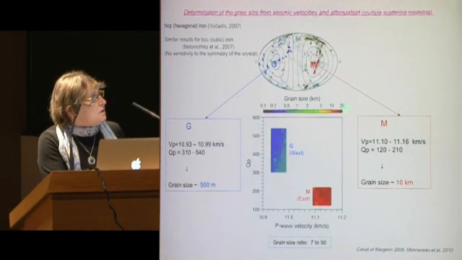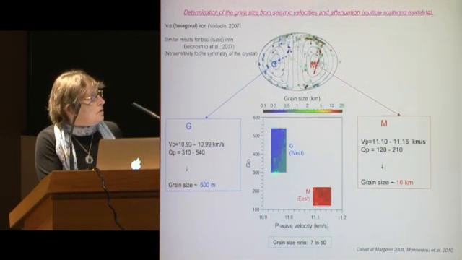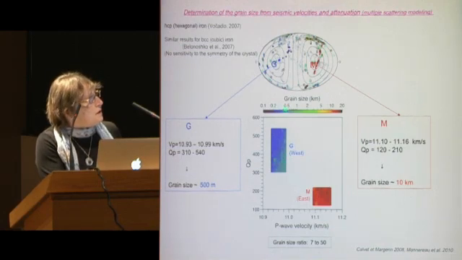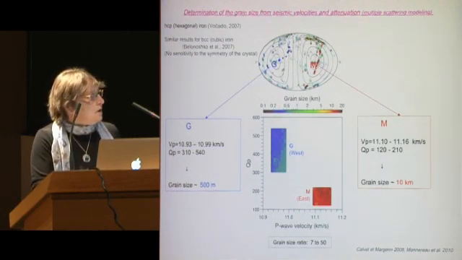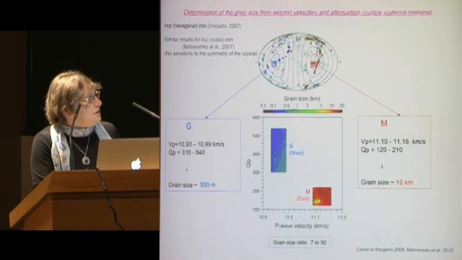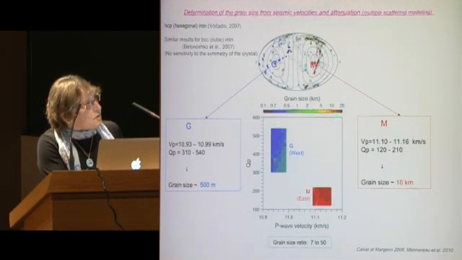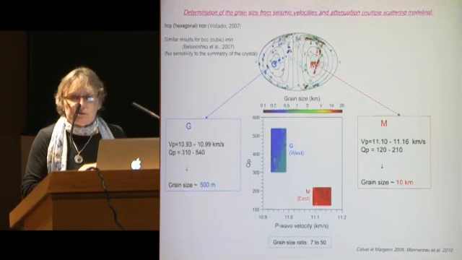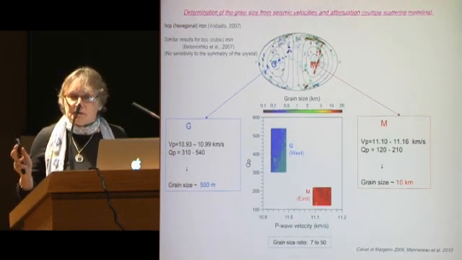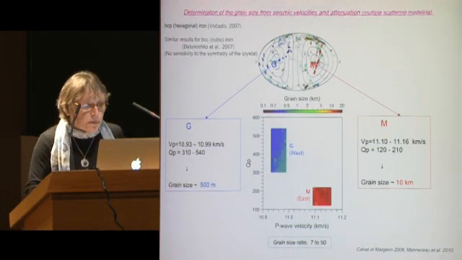Here is the grain size, and you see that to explain the values in G, we must have grain size in this blue-green region, so about 500 meters, and to explain the QP and VP values for the M region, we are in the red domain, so we are somewhere here. So it's grain size of about 10 kilometers. It's big grains, very big grains of iron inside the inner core.